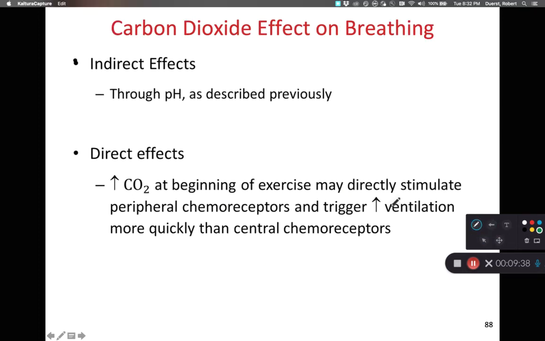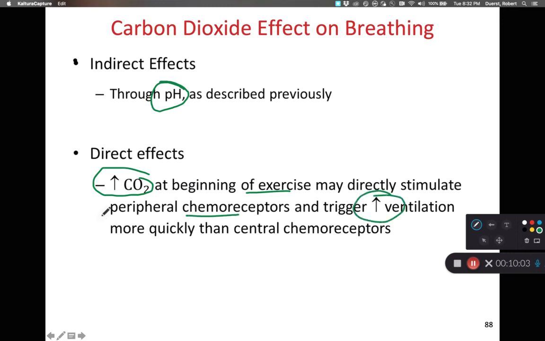As we look at indirect effects of carbon dioxide on breathing, we can have through pH. Carbon dioxide can influence our respiratory rhythm indirectly. We've already talked about that pretty thoroughly in a lot of detail. Directly, though, as we have an increase of carbon dioxide when we start exercising, that's going to stimulate our chemoreceptors to cause us to breathe in and out more.